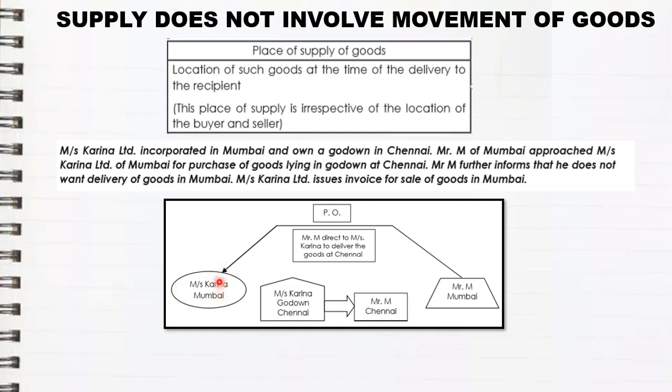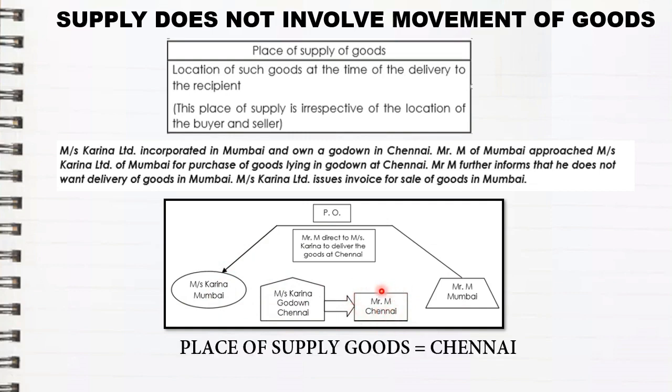Karina Limited is incorporated in Mumbai but has a godown in Chennai. Mr. M from Mumbai informed Karina that he doesn't want the goods at Mumbai, but the goods are at Chennai, so give them to him there itself. At that time, the place of supply will be nothing but Chennai. So in this example, the place of supply of goods will be Chennai, and at this place GST will be charged.